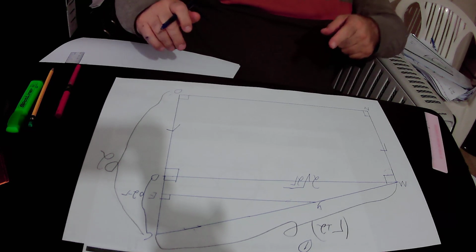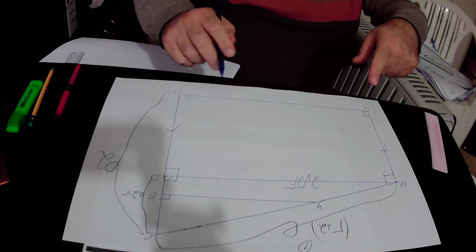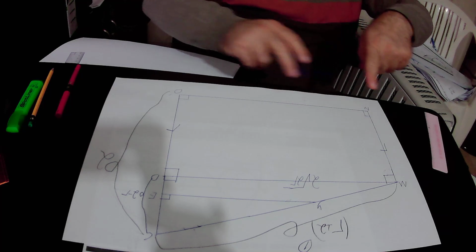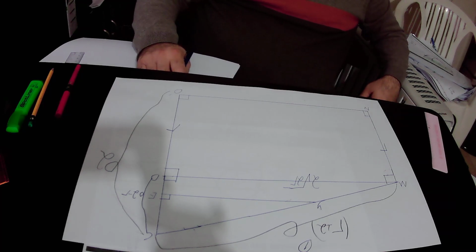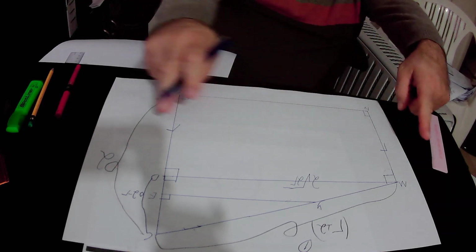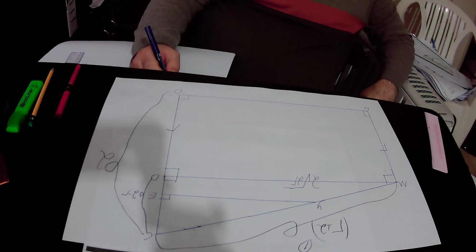So in our rectangle, it means that MD equals NO. According to rule number 3, MD equals NO.